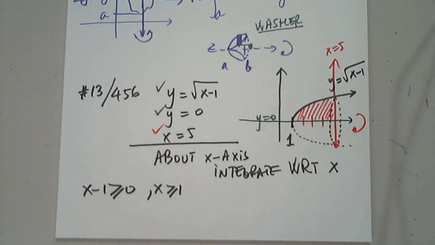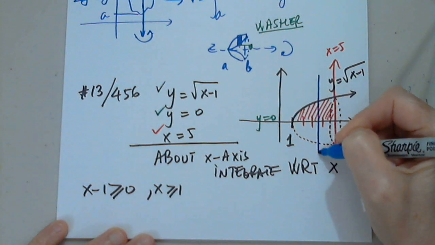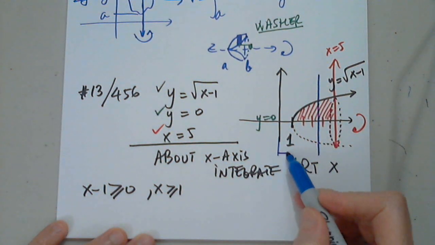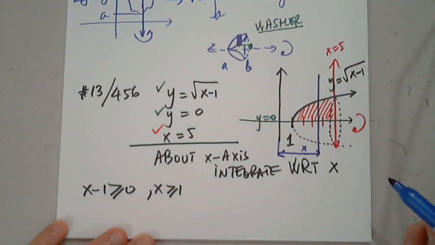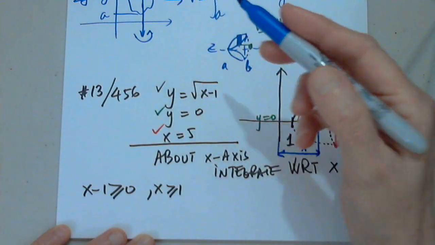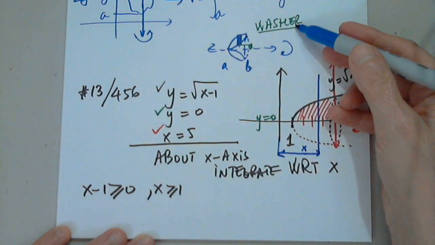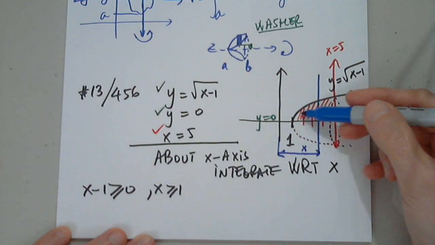Since we are rotating with respect to the x-axis, I will say this. For a particular x value, I will picture the disk. Why is it a disk and not a washer? Because there is no hollow center.